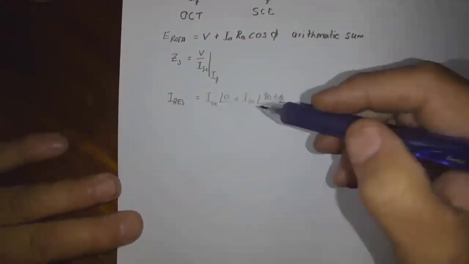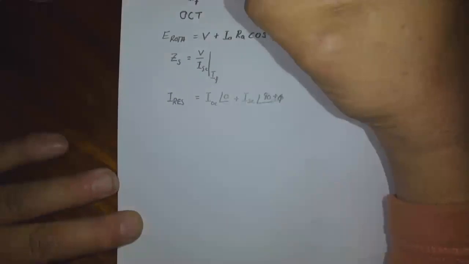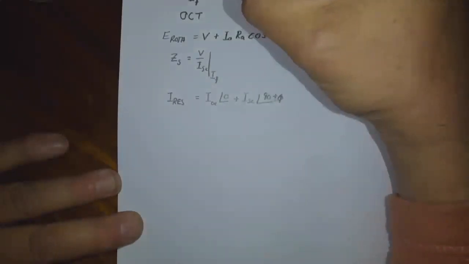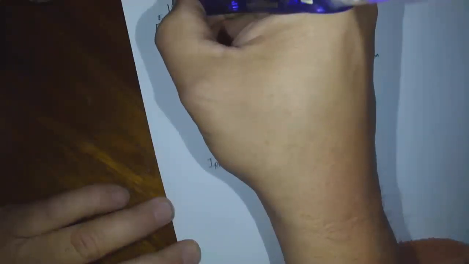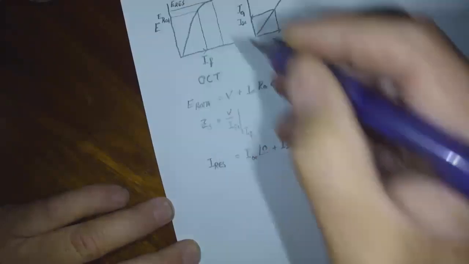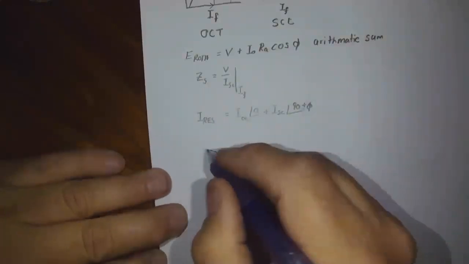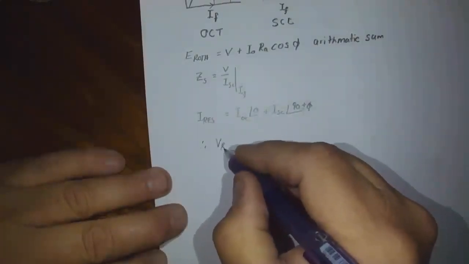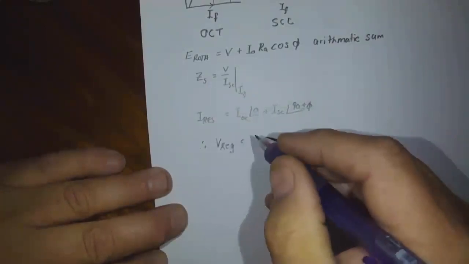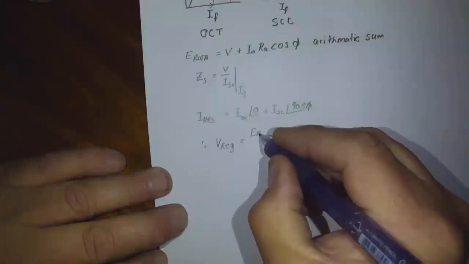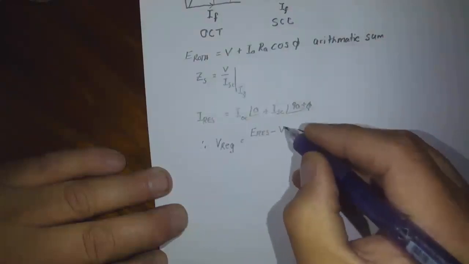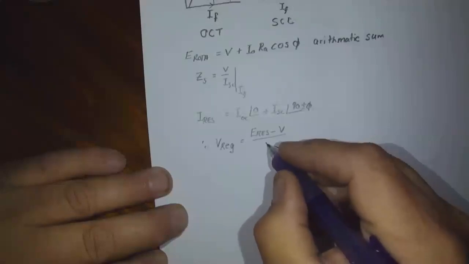So now we go back to the graph and say, okay, I resultant is, let's say, there. And then we read off the highest Rother, and that will be E resultant. And therefore we can say the voltage regulation is equal to the resultant EMF minus V over V.